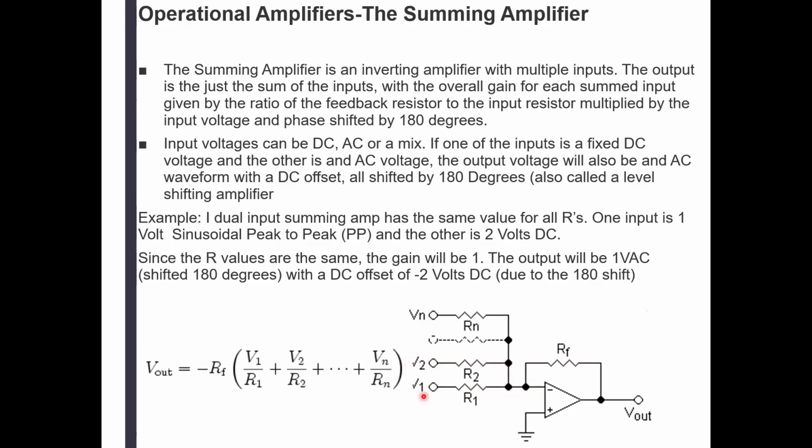So 1 volt here, 1 volt here is going to give us 2 volts, because on the output is going to be the 1 volt times the gain, which is 1, plus 1 volt that's applied here, times the gain, and this is also 10 kilo, so times 1. So we're going to have 2 volts on the output, right?